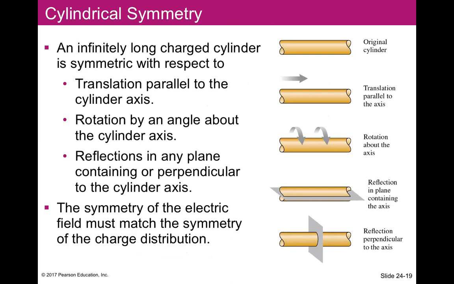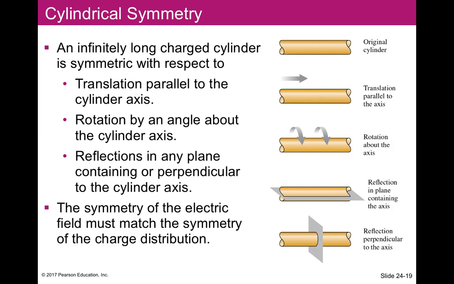First, translation parallel to the cylinder axis. Because it's infinitely long, if you make a cut at any position of this cylinder, a cut perpendicular to the length of the cylinder, you will have symmetry.